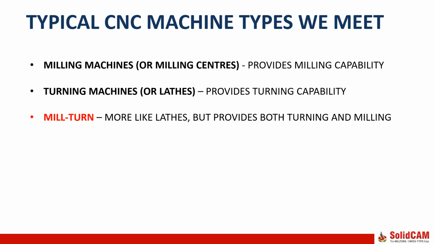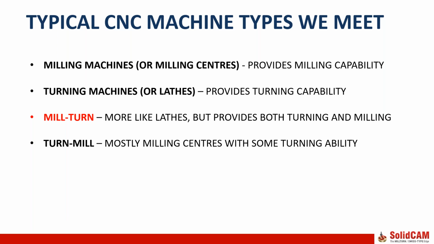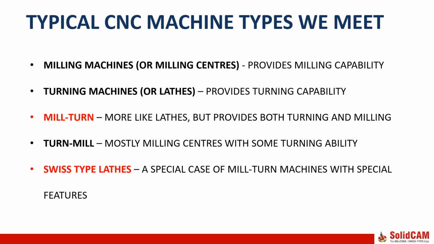A combination of these two capabilities we use first on mill-turn machines. Mill-turn, we usually say about lathes, which also provide milling with driven tools. Turn-mill we have for machines which are basically milling centers with some turning ability, like Hermle MT. Swiss type is a special case of mill-turn machines, with special features.